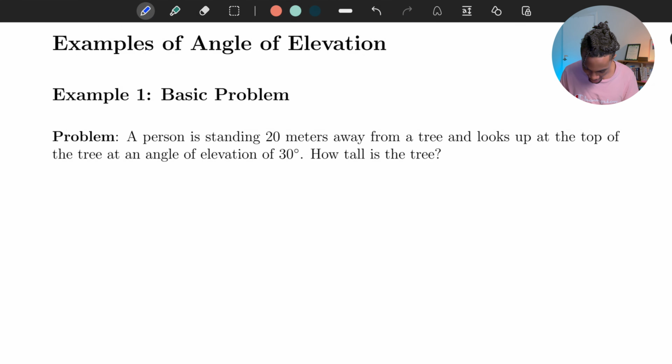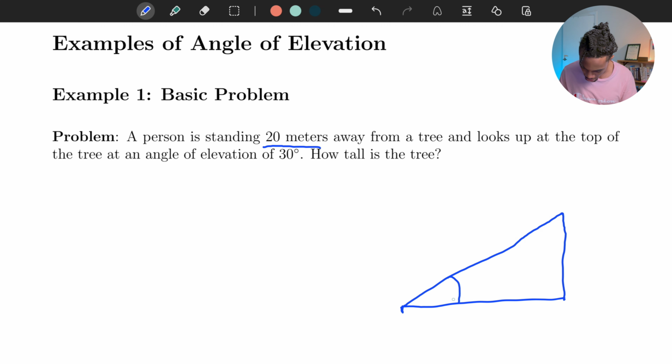A person is standing 20 meters away from a tree. So let's draw it in. Person is here, tree is here, and looks up at the top of the tree at an angle of 30 degrees elevation.